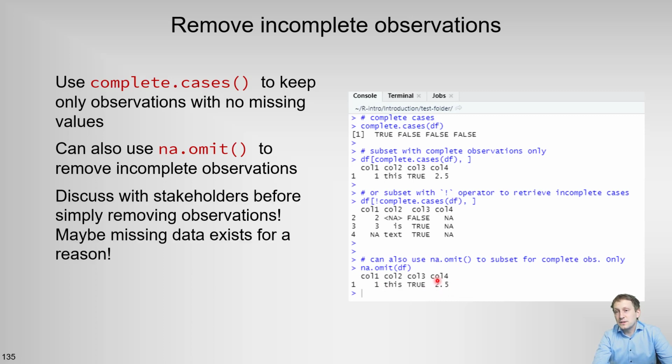So be careful, discuss with the stakeholders of the data set what you're allowed to remove, what the reasons are for missing observations. Not all missing data is missing at random. If it's missing at random, it's safe to remove. If there's a pattern behind it, so it's not missing at random, then you have to be very careful, and maybe you need to do other things with your missing values.